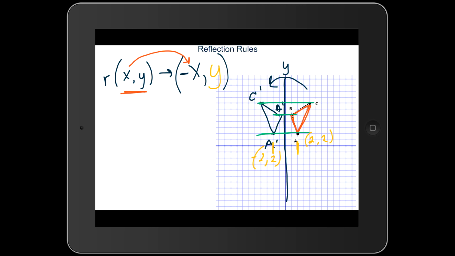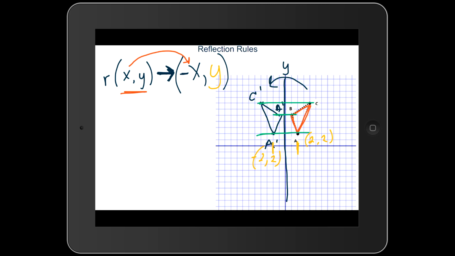So my rule for a reflection across the y-axis is simply little r, parenthesis, xy, close the parenthesis, use my arrow, because that stands for a transformation has occurred. That arrow is critical. And then parenthesis, negative x, or opposite x, comma y, and close the parenthesis. There is the rule for reflecting across the y-axis.